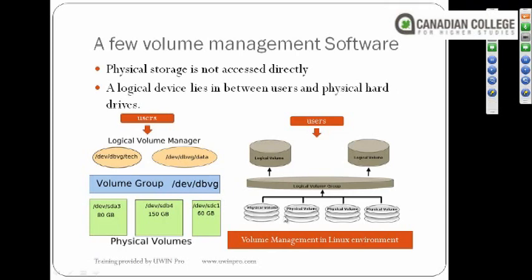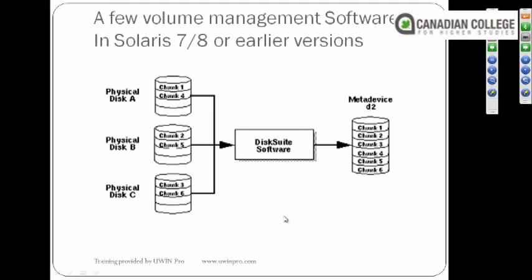Then when you look at Solaris 7, actually in 8 they said it's going to be obsolete, right? That's why I put /8. After Solaris 7, you had something called Disksuite. In Disksuite, I can take a chunk of data, a slice, and create some meta devices out of that.